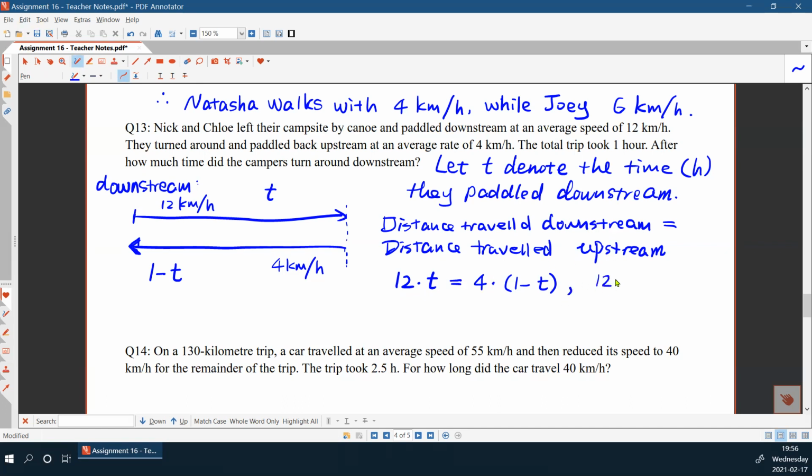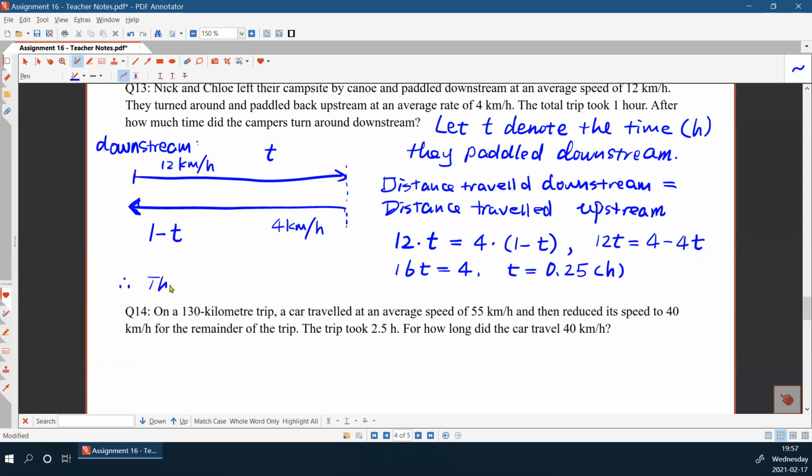And this gives us 12t equals 4 minus 4t, and 16t equals 4, which gives us t is 0.25 hours, right? So now we can make the conclusion. Paddled downstream for 0.25 hours.